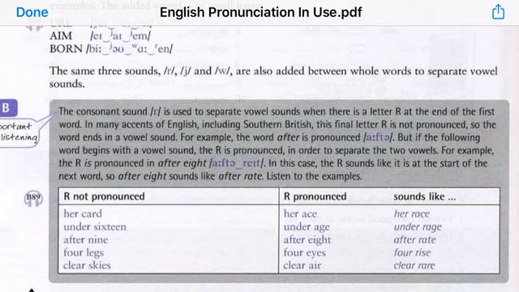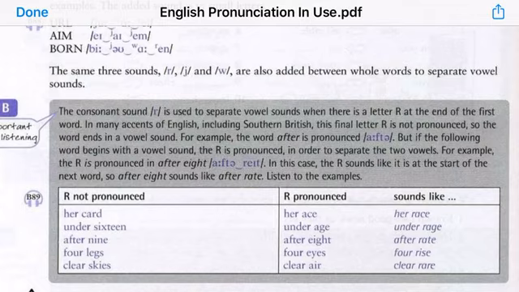Now, if we say after alone, there's no R sound, just a schwa. But if the word after is used with another word that starts with a vowel sound, like the word eight, then we have to insert the R sound to separate the two vowels, the schwa and the A, in the words. So, after eight.